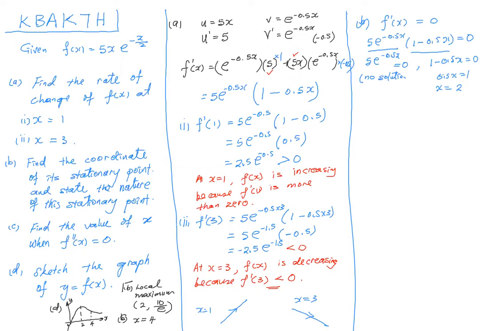Okay, I will call someone else. Cindy, how to get the nature of a stationary point? You must have your notes with you. How to get the nature of the stationary point?